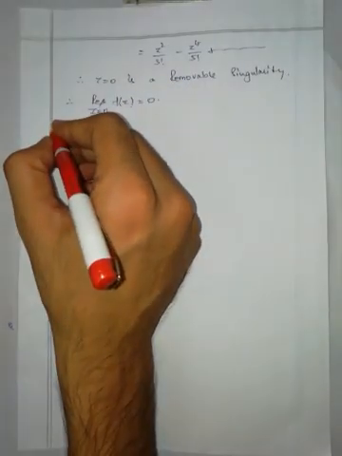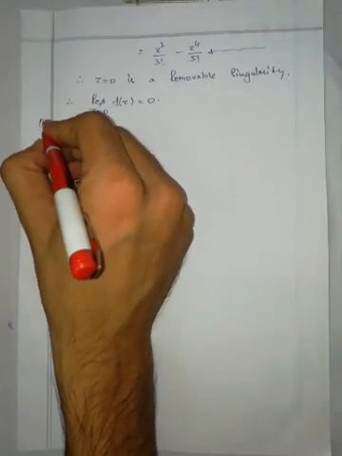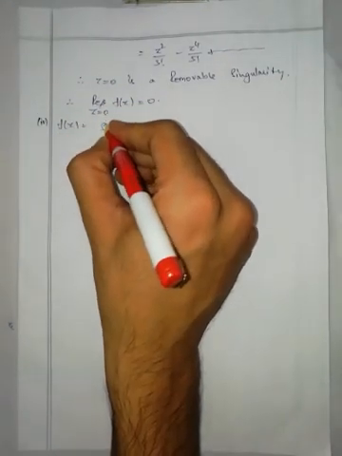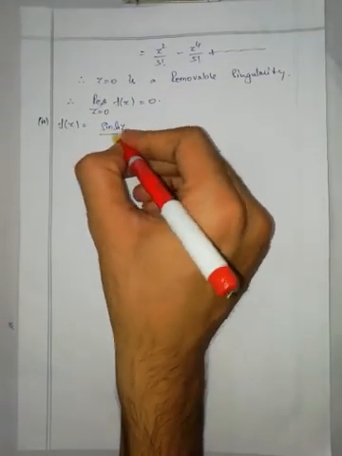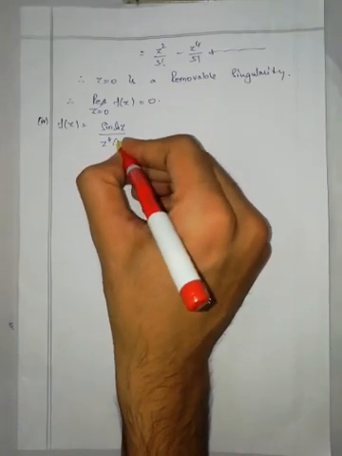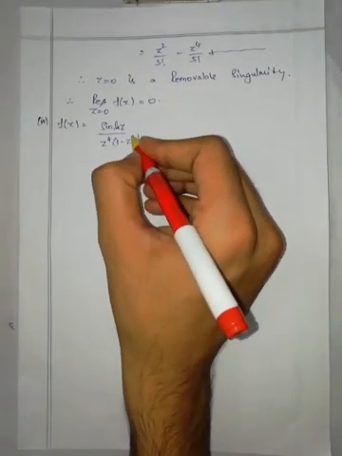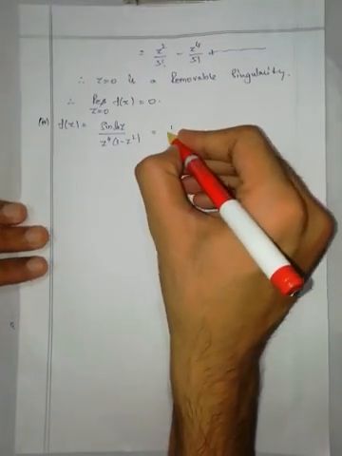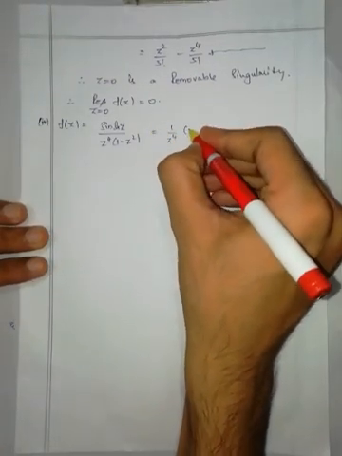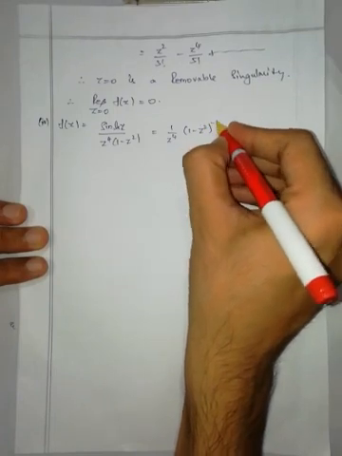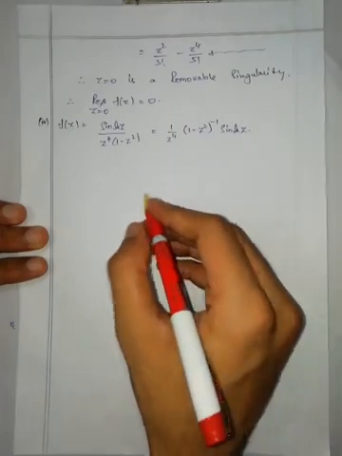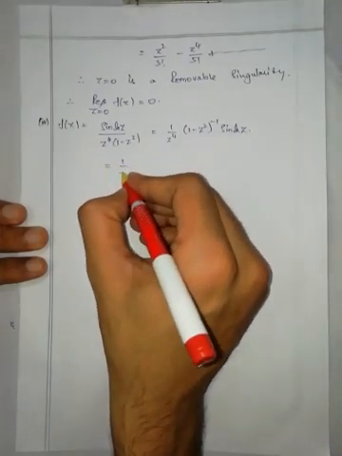Now fourth one, f of z is equal to hyperbolic sin z by z power 4 into 1 minus z square. This one can be written as 1 by z to the power of 4 into 1 minus z square whole inverse into hyperbolic sin z, which is equal to 1 by z power 4.